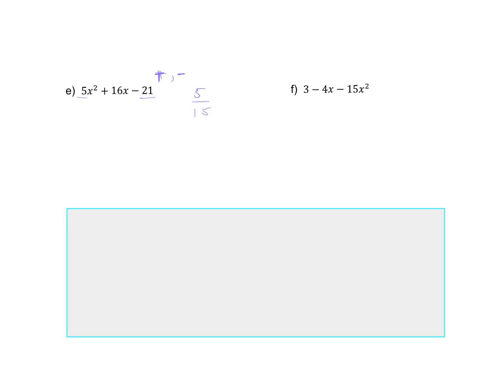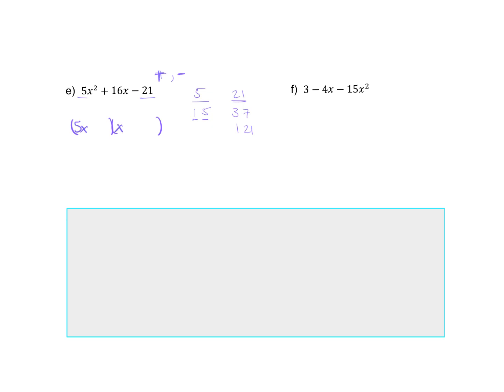And then 21 will be 3 and 7, and 1 and 21. Okay, so write your 2 parentheses. You're going to have 1 and 5 are the only factors here. Again, it doesn't really matter where we put them.